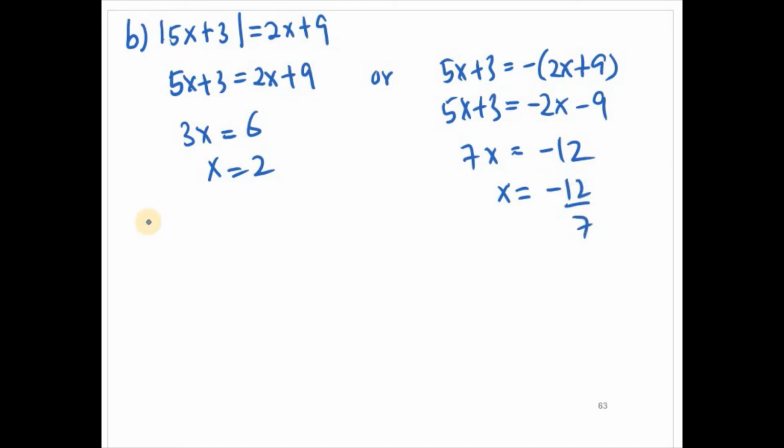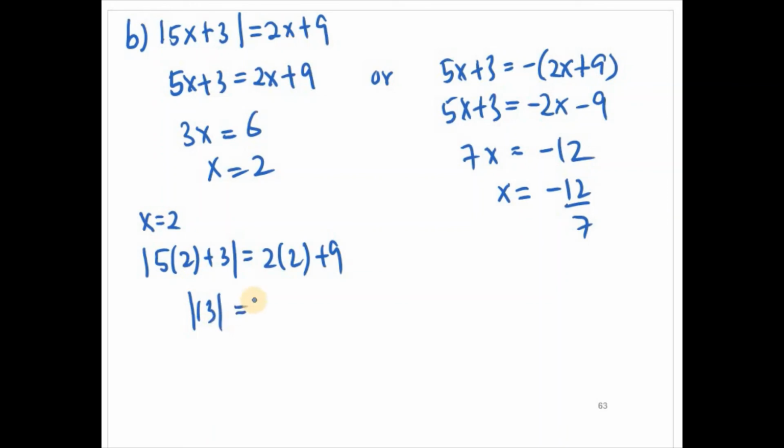So we try to check x equals 2: 5 times 2 plus 3 equals 2 times 2 plus 9. Okay, 10 plus 3 is 13, modulus. So 4 plus 9 is also 13. So 13 equals 13. So we accept x equals 2. Next we have x equals negative 12 over 7.